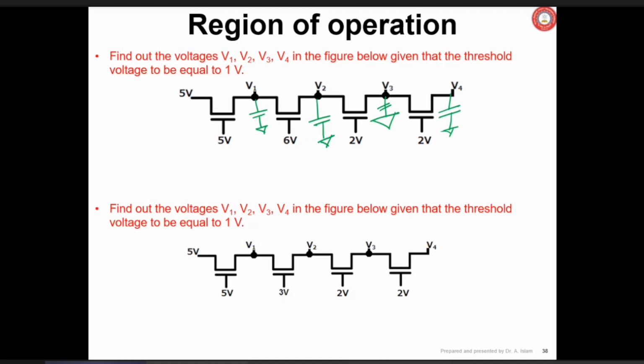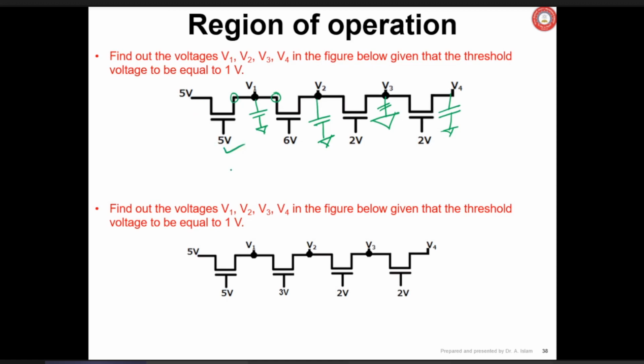This node is having capacitance, this node is also having capacitance. We have discussed drain diffusion capacitance and source diffusion capacitance. Yes or no? And the line capacitance will also be there. So every node is having capacitance. So initially these capacitances are at zero potential.